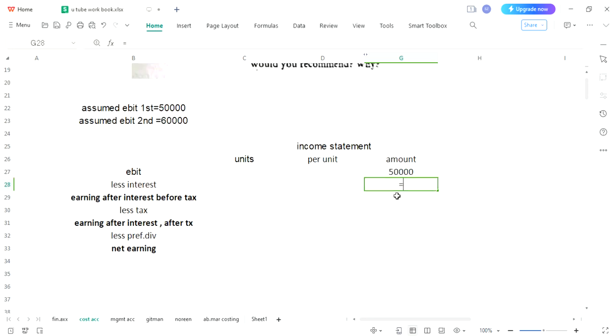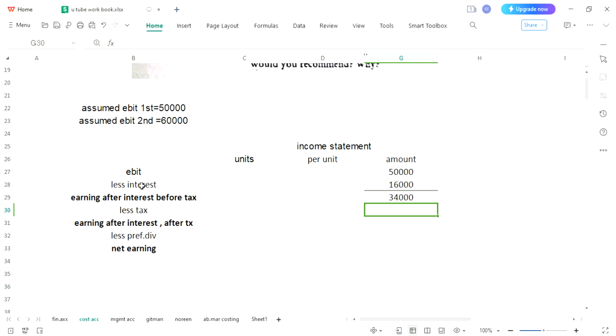To calculate interest, you take 1 lakh and multiply by 16 divided by 100. Since you will have to pay this amount at any cost, you might consider it as your fixed cost. Then for earning after interest, you subtract interest from EBIT. EBIT was 50,000 and you subtract 16,000 of interest.